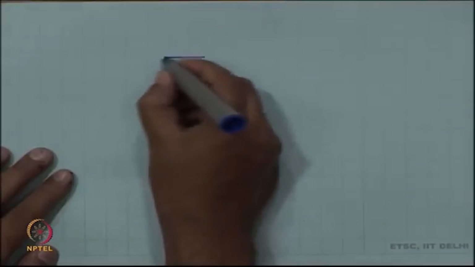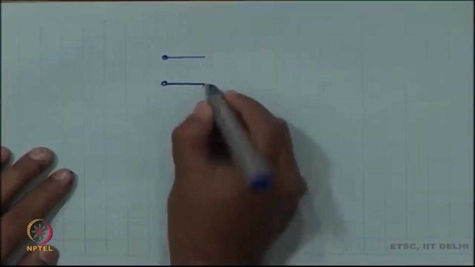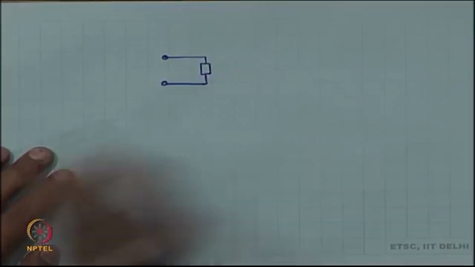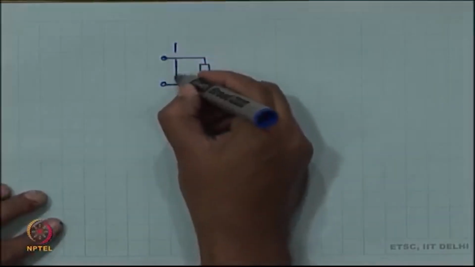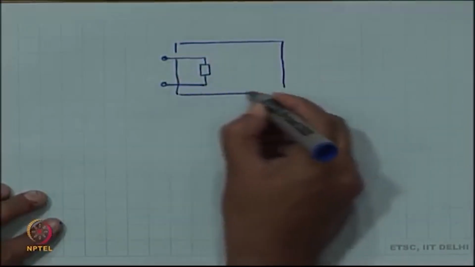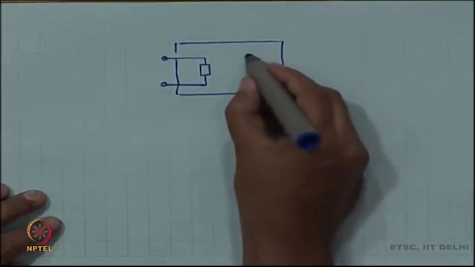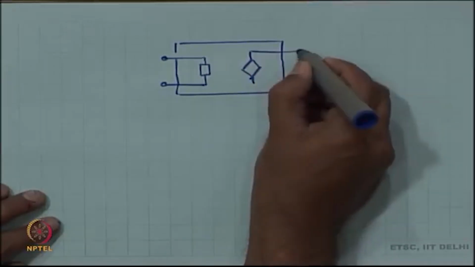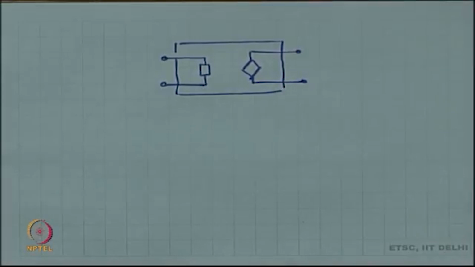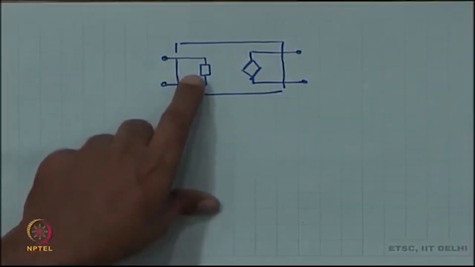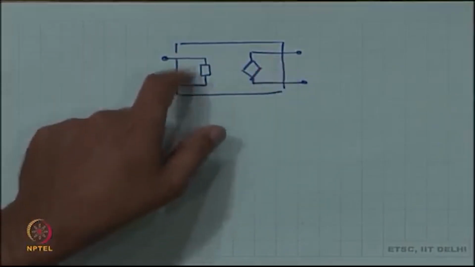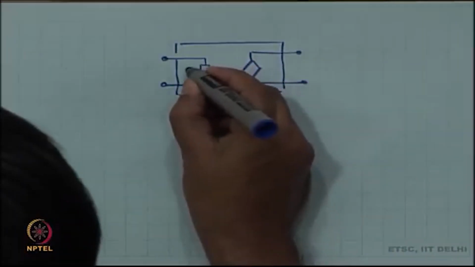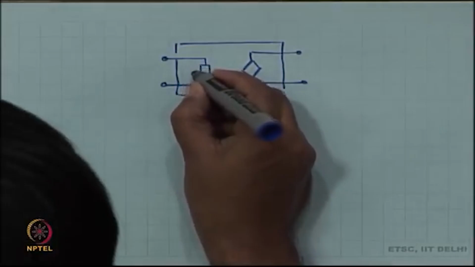Then suppose I have a circuit which has an input impedance. This is my circuit, and it has some control mechanism, maybe a control voltage, control current, whatever it is. So, it could be a controlled voltage source or a controlled current source. Now, suppose this impedance is very high.